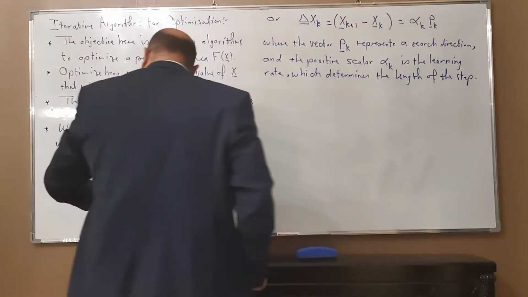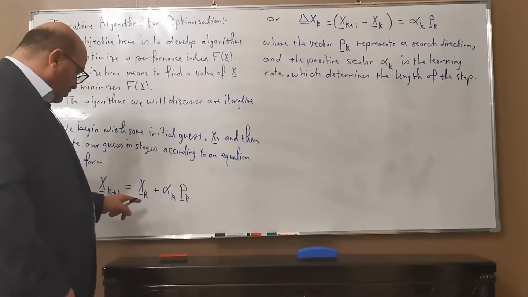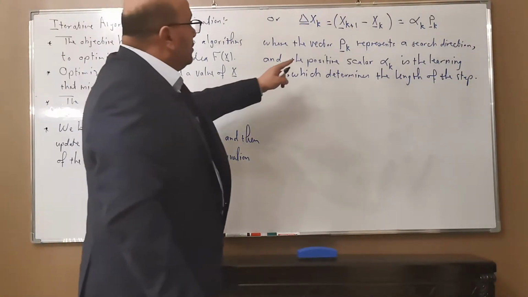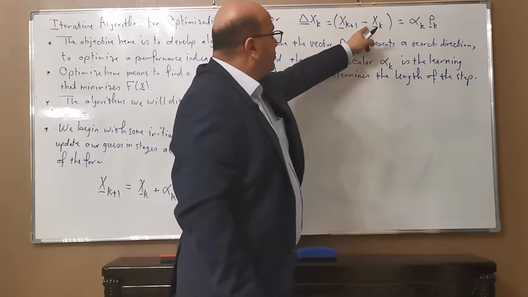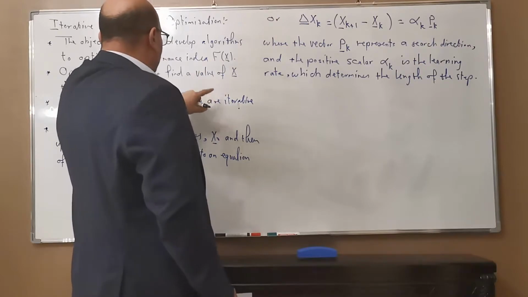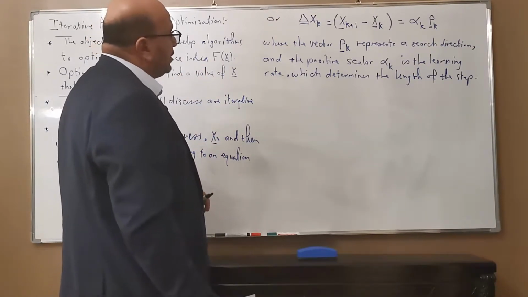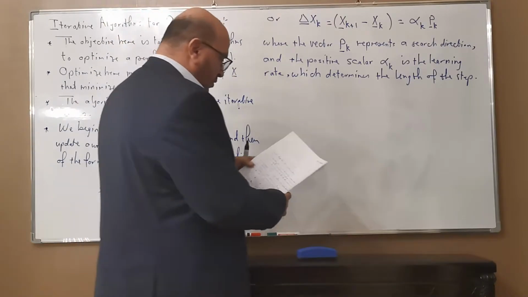It means that in the next iteration you go in a direction such that x of k plus 1 will give me f of x that is less than the one previous to it, okay? So this is what we are looking for.